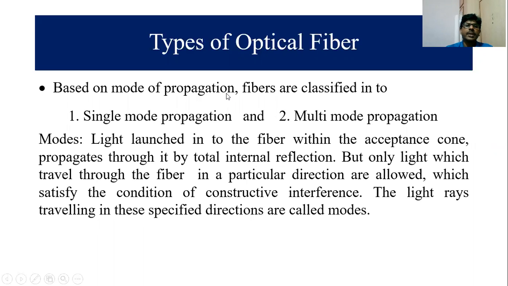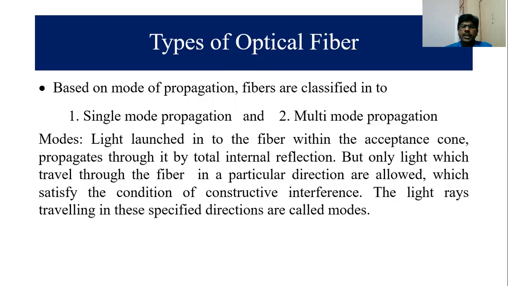Now we'll try and understand what is mode, because we are saying based on mode of propagation, fibers are classified into single mode propagation and multi-mode propagation. So we'll try and understand the meaning of these modes. The light launched into the fiber within the acceptance cone propagates through it by total internal reflection.